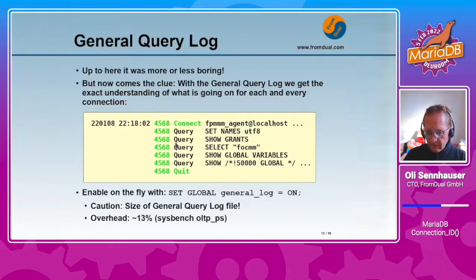And in this benchmark we found out that the overhead of the general query log is about 13%. So if you enable the general query log, calculate with 10 to 15% overhead. So if your system is nearly maxed out, maybe you should be careful about enabling the general query log on those systems.